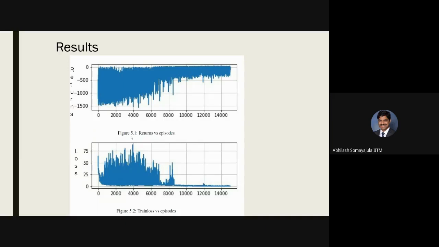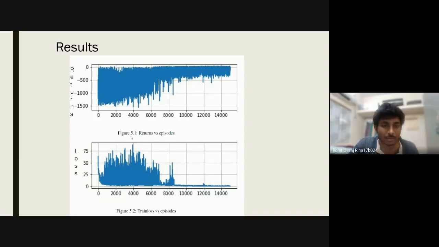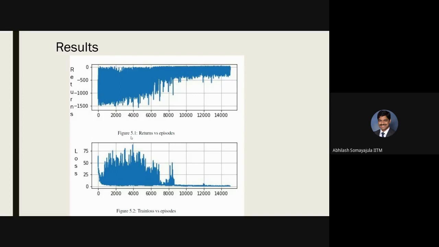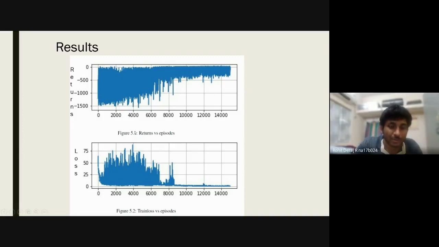Because it is discounted. So this is the Q values at each time step you're adding them up. I thought it is a simple summation of all the rewards you get at all the time steps. For each episode. So this is versus episodes, not time steps.